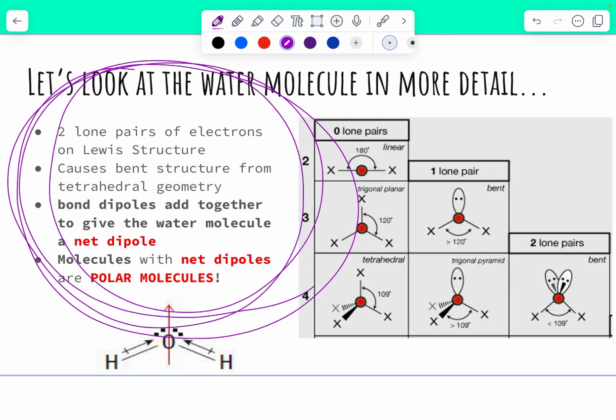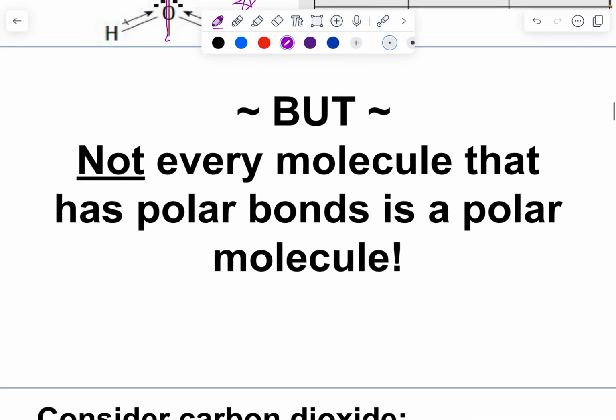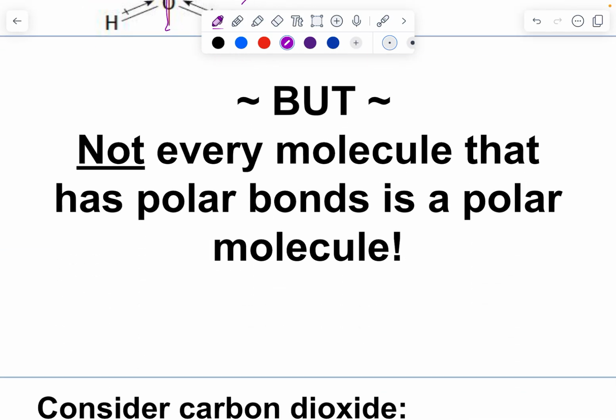I want you to look at these slides as you're going through and learning all of this, but this is just the more scientific way of saying, hey, how can we figure out if our molecule is totally polar? And this is the exact same drawing that you just made. Because we have a net dipole right here, that means this is a polar molecule. All right, now, not every molecule that has polar bonds is a polar molecule.